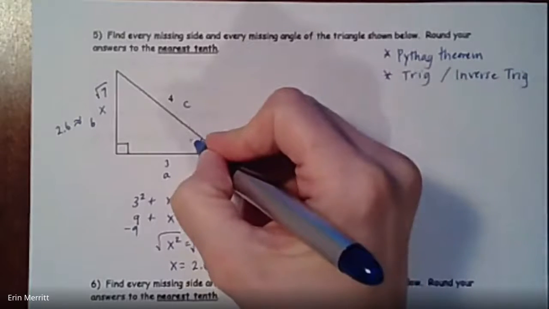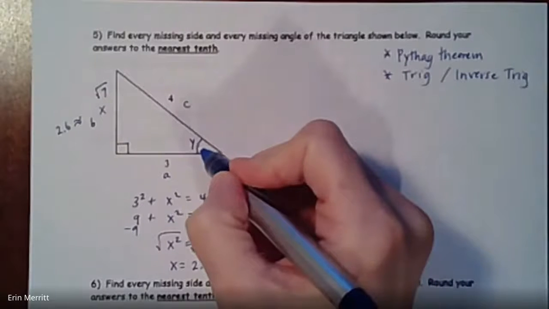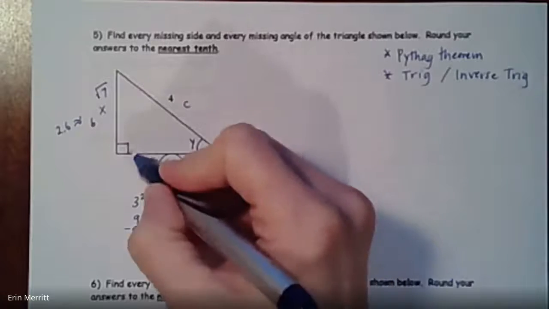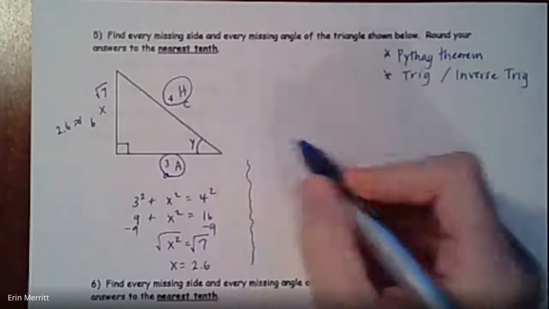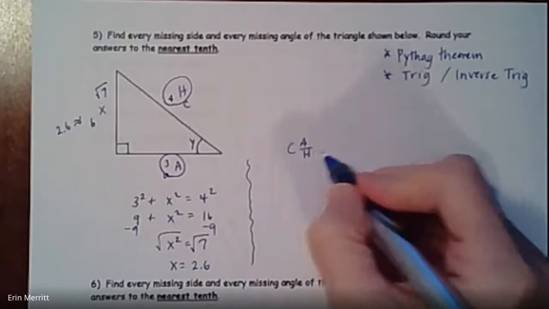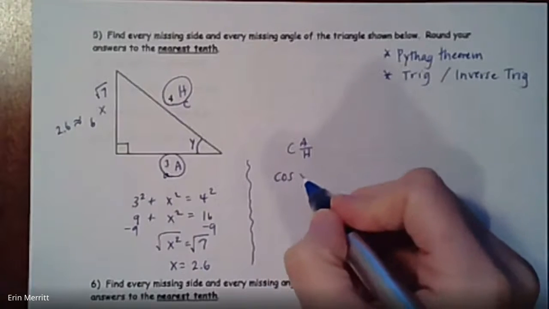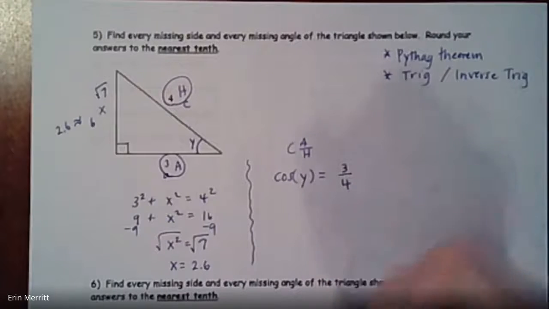I'm going to call this Y right here. If that's my angle that I'm going to find first, this is then the adjacent side. This is my hypotenuse. And so adjacent over hypotenuse, we'd be using cosine here. And so I would do cosine of whatever Y is equals adjacent over hypotenuse.